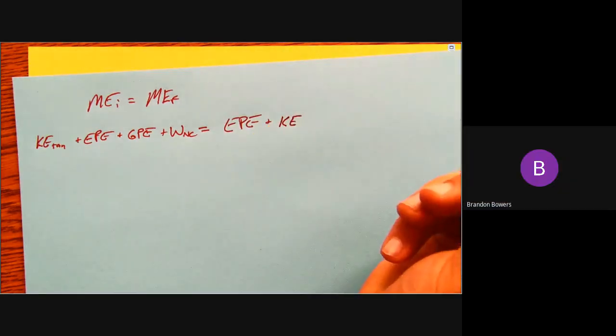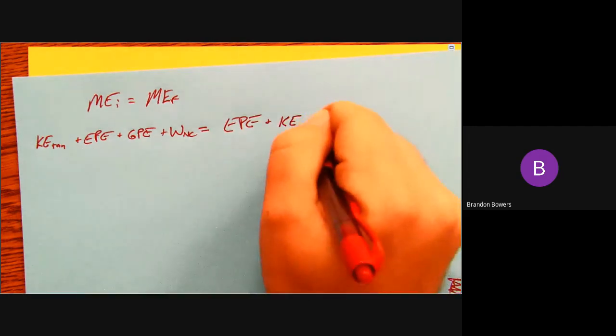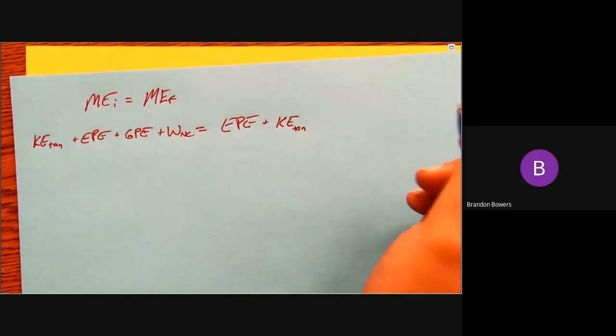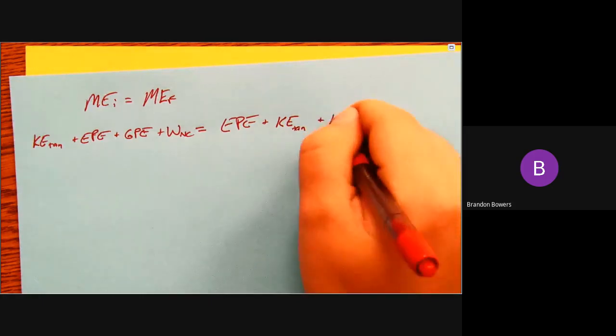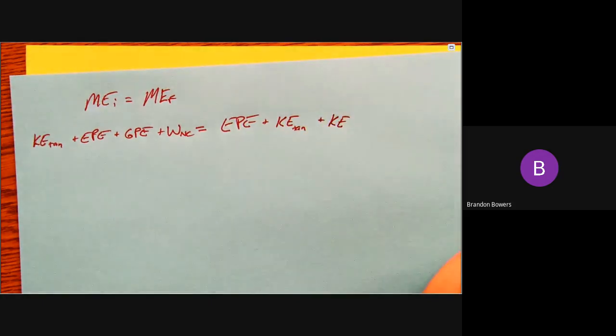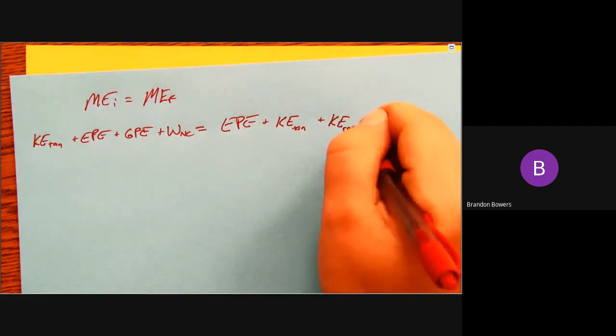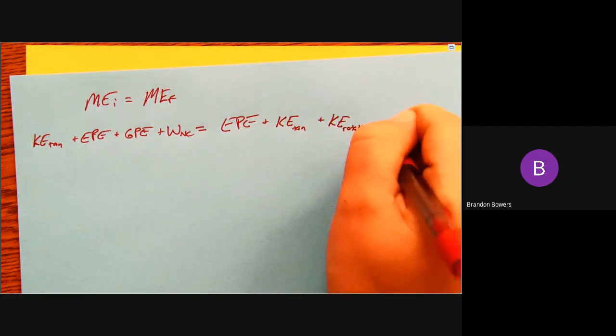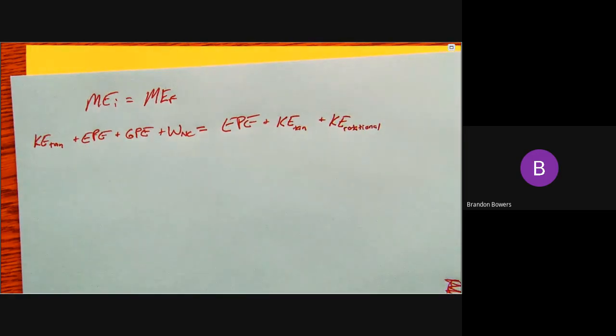Kinetic energy tangential, but also here we're gonna have kinetic energy rotational. Got 2 factors here. There's everything.